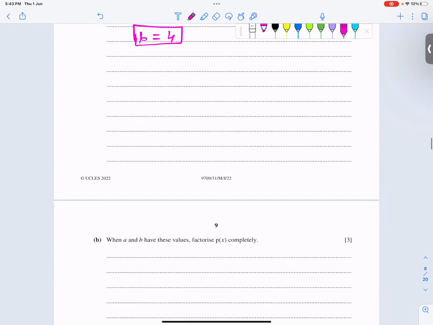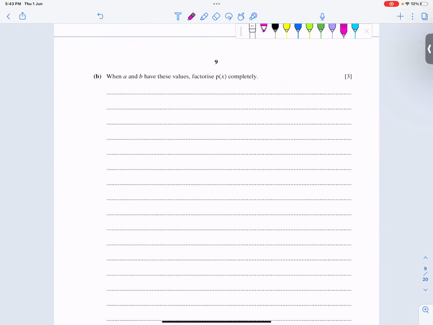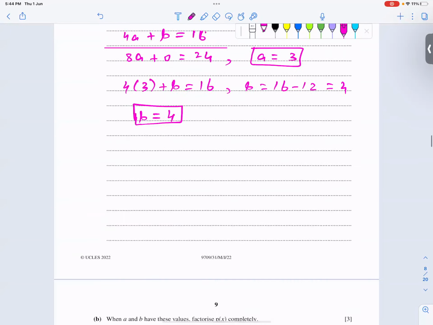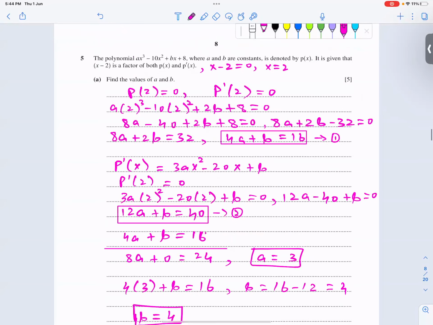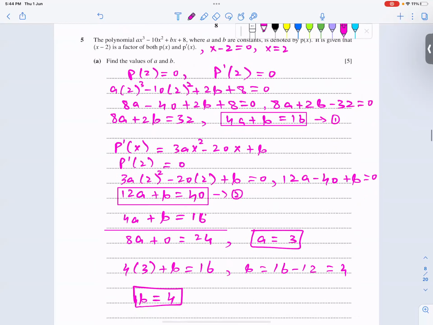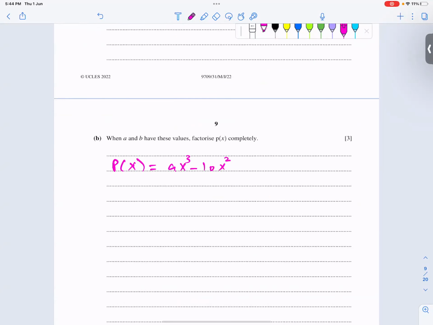Okay. Now come to the second question, part b: when a and b have these values, factorize p of x completely. Now, p of x originally was ax cube minus 10x square plus bx plus 8. Okay, this was originally the polynomial. Now use your a and b.